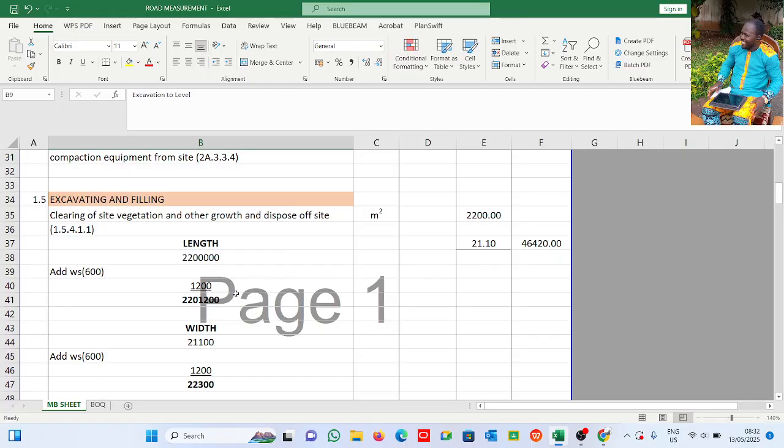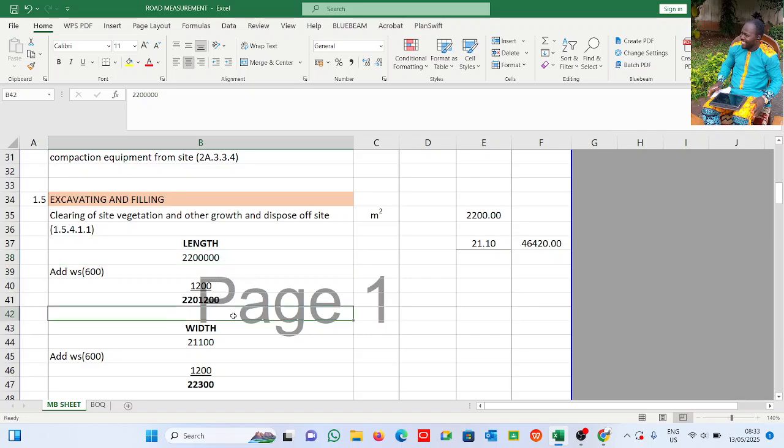Of course, we know clearing is an area item, length times breadth. What is the length? It is 2.2 kilometer, right? Which is 2,200 meters, right? Which is 2,200,000 millimeter. Now see it here.